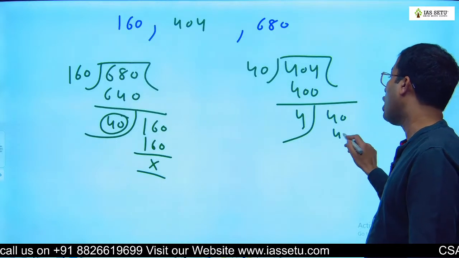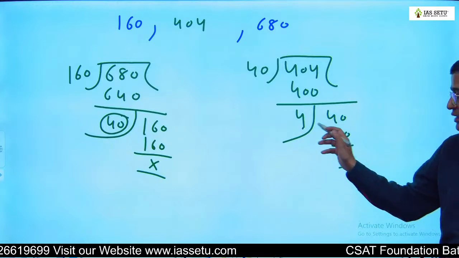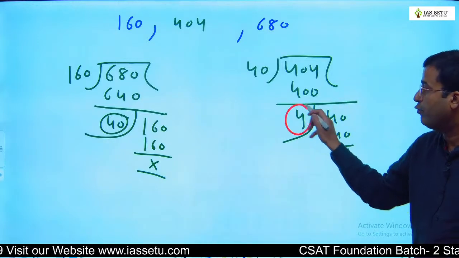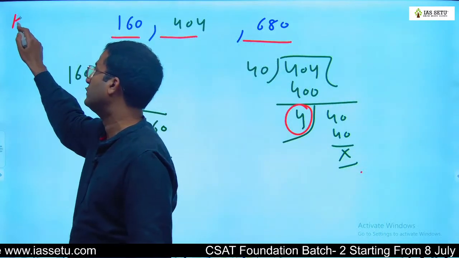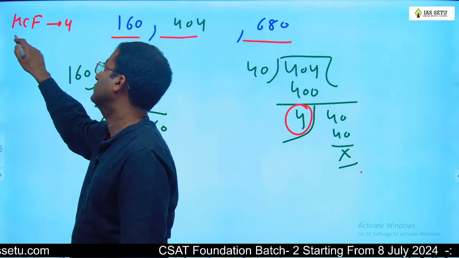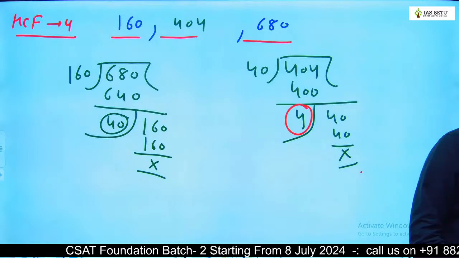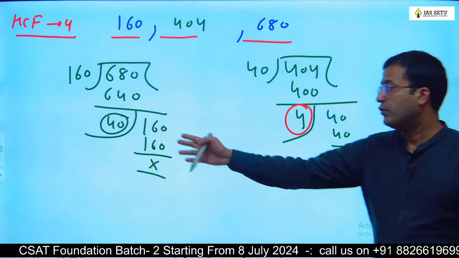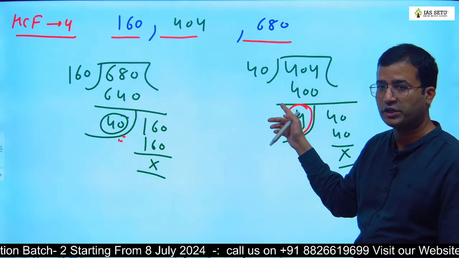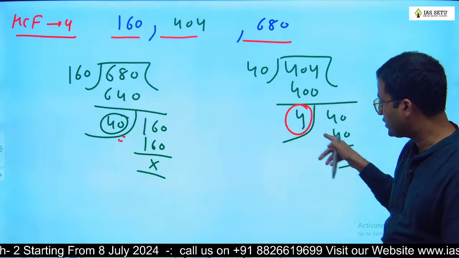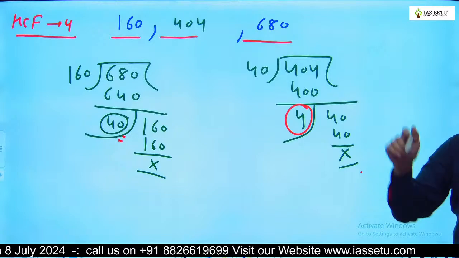Ultimately, what is your last divisor? 4. So the HCF of this is 4. So what we have to do is check two numbers at a time. We get this 40, then we check the remaining third number with this 40. If it is divisible, okay, otherwise you follow the same process. Ultimately, the last divisor is the HCF.